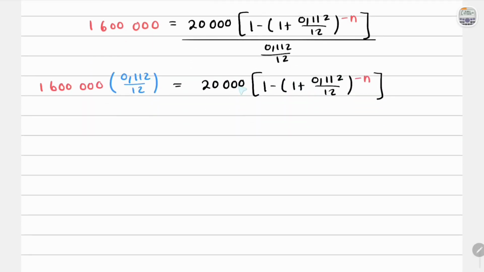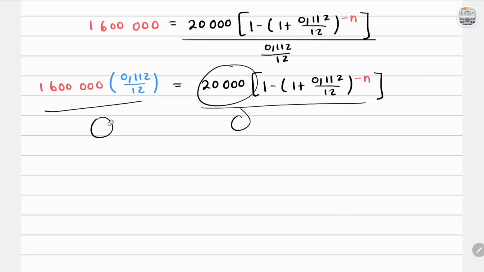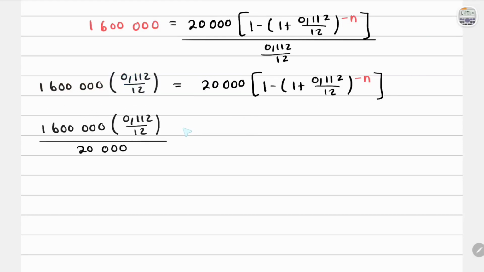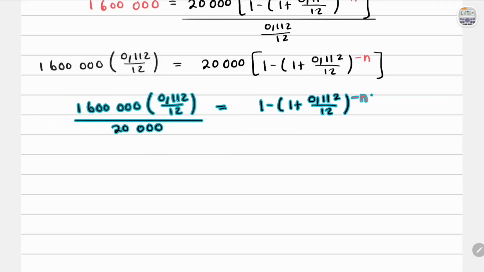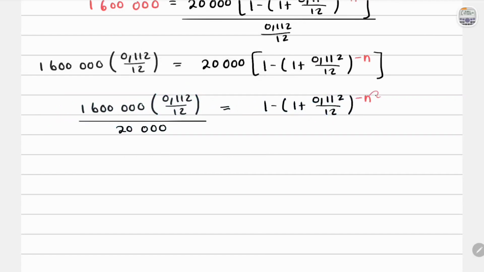And now the next thing stopping us from getting to the negative n would be the 20,000. So we can divide both hand sides by 20,000. So the 20,000 will be the denominator here. Okay, and all we'll have is everything here excluding the 20,000. So there we go. And now from this, you see that we actually have the base be negative. So here's our exponent.